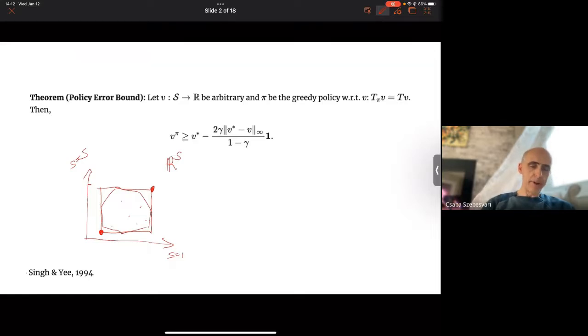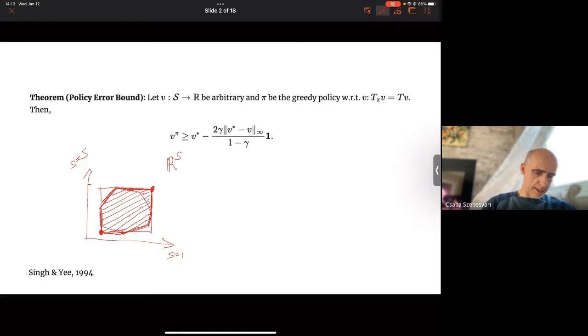Then these points belong to the set. So these all have to be valid value functions. So the value function space kind of looks like this. If there was some value function there, this has to be all in, this has to be all in, this is all in.